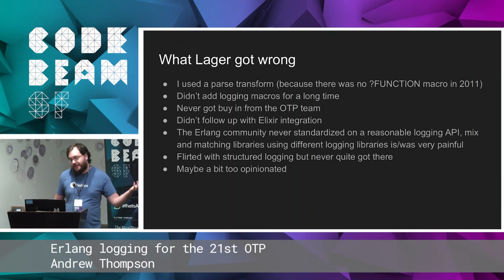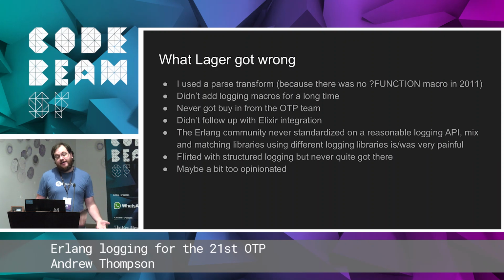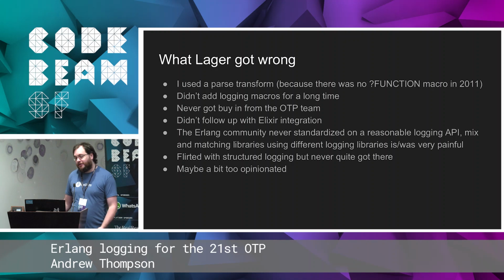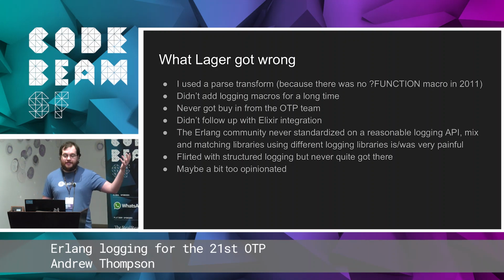So if you've ever had that happen in your code where you pass a struct or something to a protocol that it's not implemented for, it raises that Protocol.UndefinedError. And then the next thing it calls is the non-bang version of this function. So it calls impl_for, and if it finds it's a struct, so it's pattern matching on that __struct__ field in the map, then it'll call this struct_impl_for, which is the next bit.